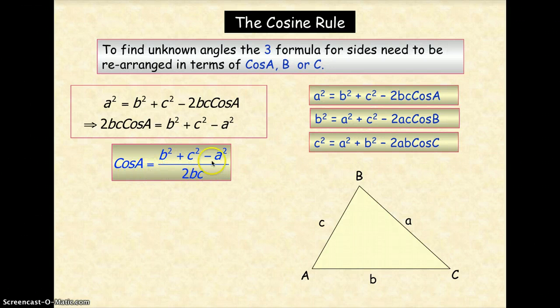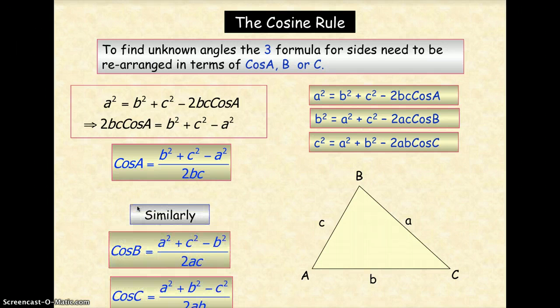Now take a look. The side that is being subtracted is the side opposite to the given angle. Also, this opposite side of the missing angle is not used when you are dividing. Take note of that, so that if you're trying to find angle B or angle C, you can look at the pattern.